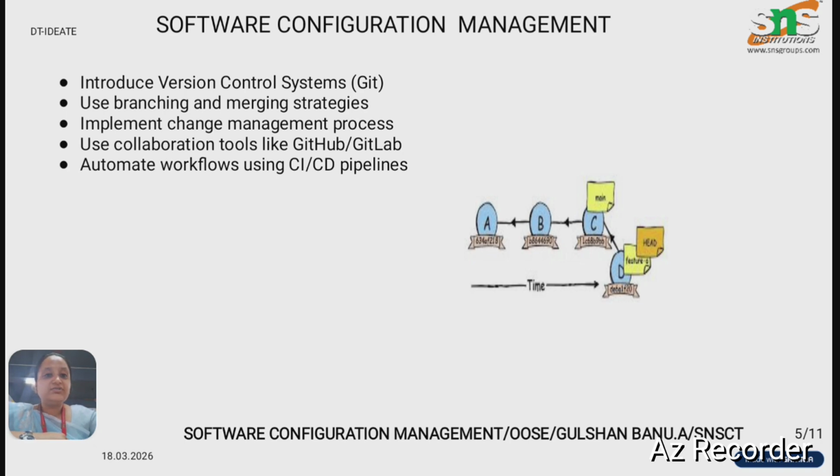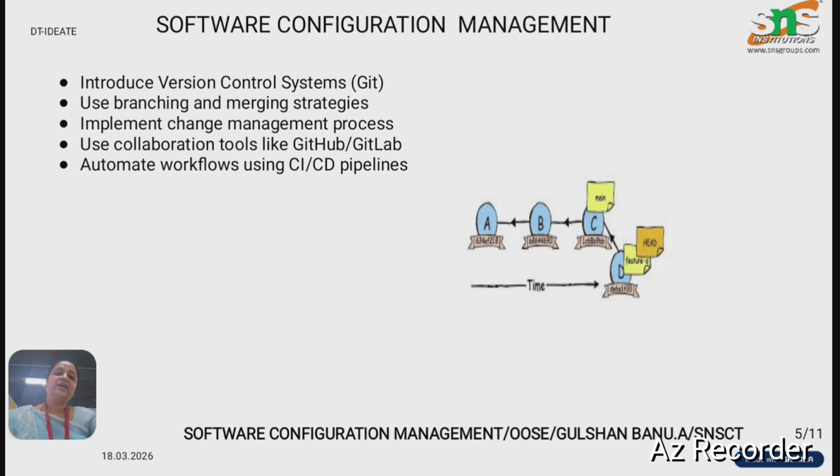What are the different steps involved in software configuration management? You have to plan the different kinds of identification process. Next, you have to do the version control. After version control, you have to do the change control. After it, you have to configure it, and after that, you have to report the different kinds of audits that are available in your hand.